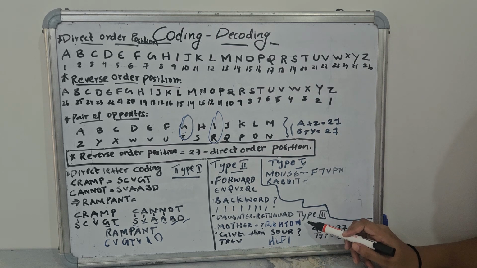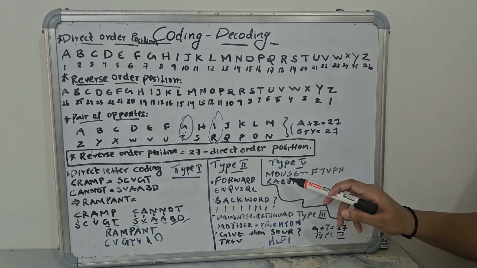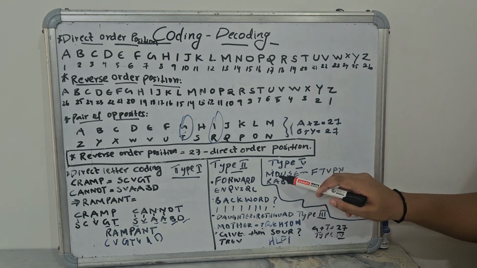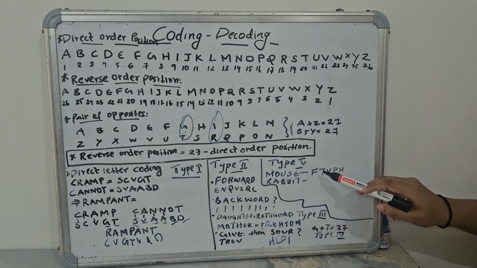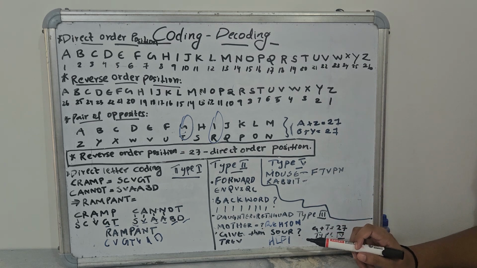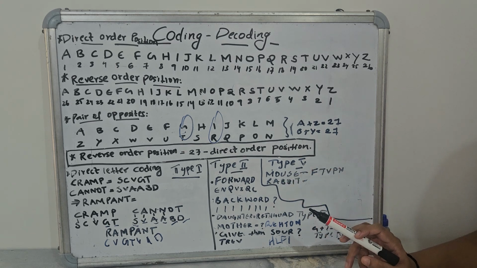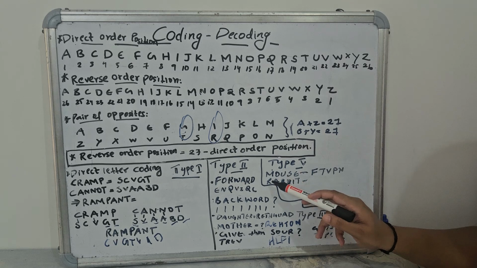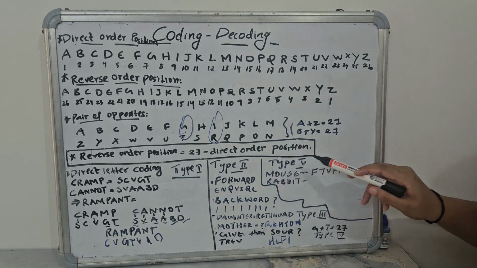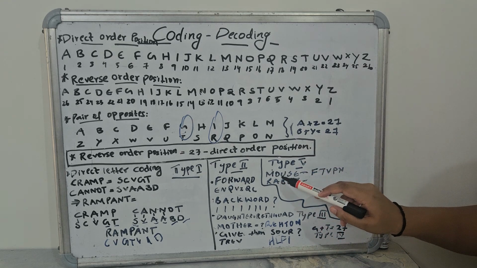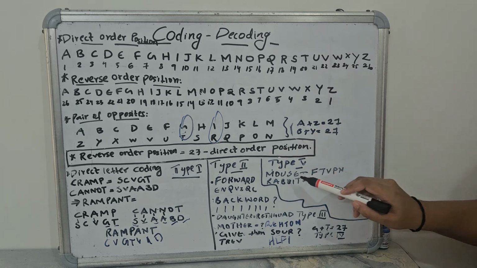This is type 3. Next, type 4 of direct letter coding is this. MOUSE is written as FTVPN. Then what is RABBIT? Looking at it, you can see a pattern at first look itself. M plus 1 is N, and the last word is in reverse order.